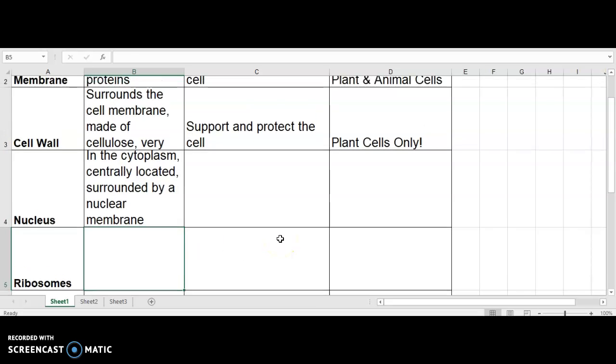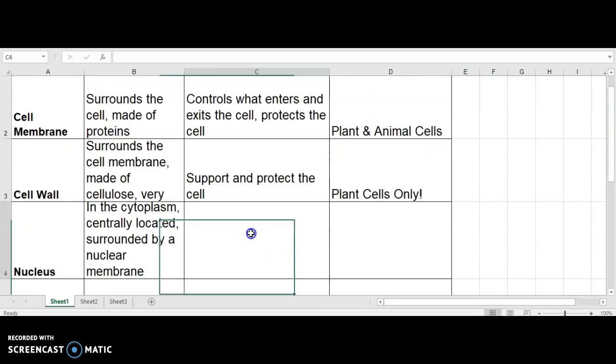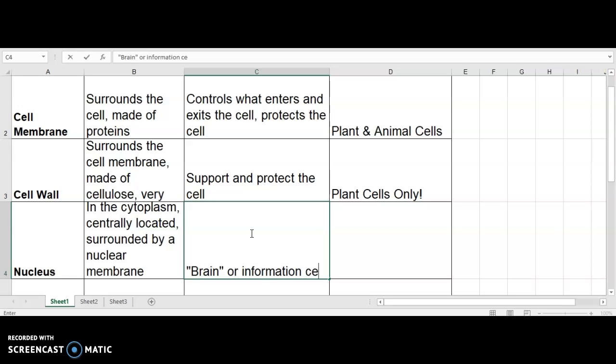So after this we're going to label a picture of a cell with all of the different organelles. This one will be a very large thing. Generally, it's colored purple, but it doesn't have to be. It is where the DNA is also located. So this is considered the brain of the cell or the information center. So as I was saying, it's the brain or information center of the cell.